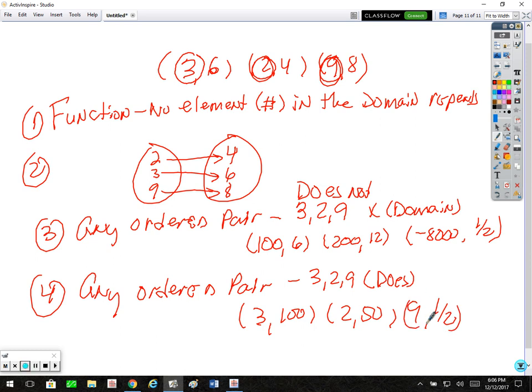It doesn't matter. Anything where you make that domain repeat. Any ordered pair, whatever you come up with, as long as it's one of those three, makes this a non-function. Okay? A non-function.